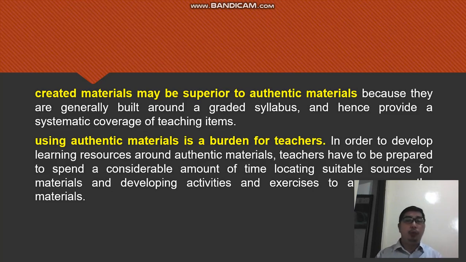Yes, it would somehow be a burden for teachers, because teachers would really need to exert effort in looking for materials. But nowadays, with the advent of technology and the internet, it's easier to find materials. But then another task for teachers is to really study the materials before they make use of them in their classes.